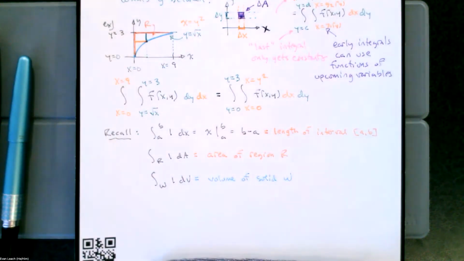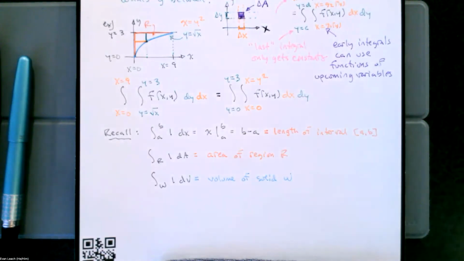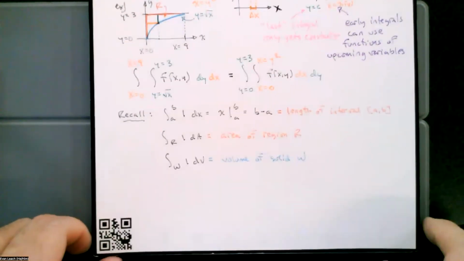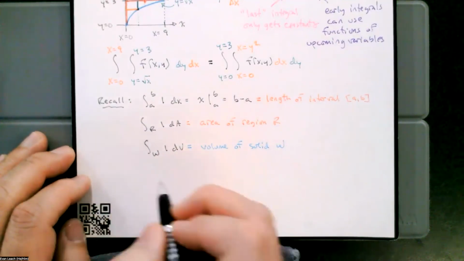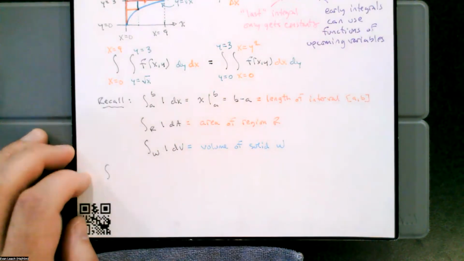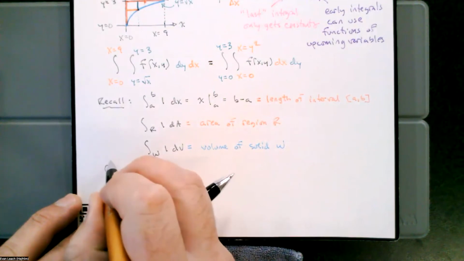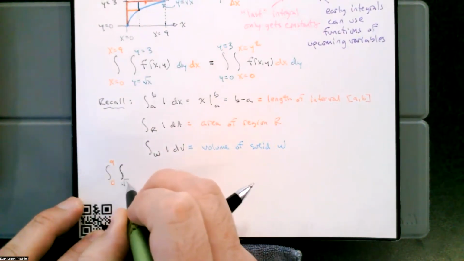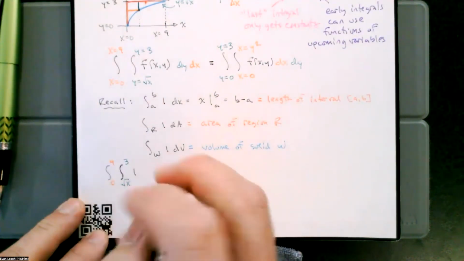If we take a function of 3 variables, dV, and integrate the function 1, that will give us the volume of the solid W. So if we grab one of our integrals from before for this region and replace f of x with the function 1, let's integrate, I'll just do the first one, from 0 to 9 on x, and then integrate from root x to 3, 1 dy dx.